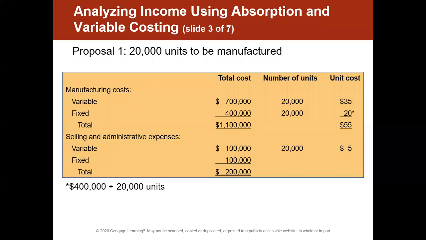All right. So for proposal one, 20,000 units be manufactured. They'll have variable costs of 700,000, fixed costs of 400,000, so a total of 1.1 million, and then selling and administrative expenses.